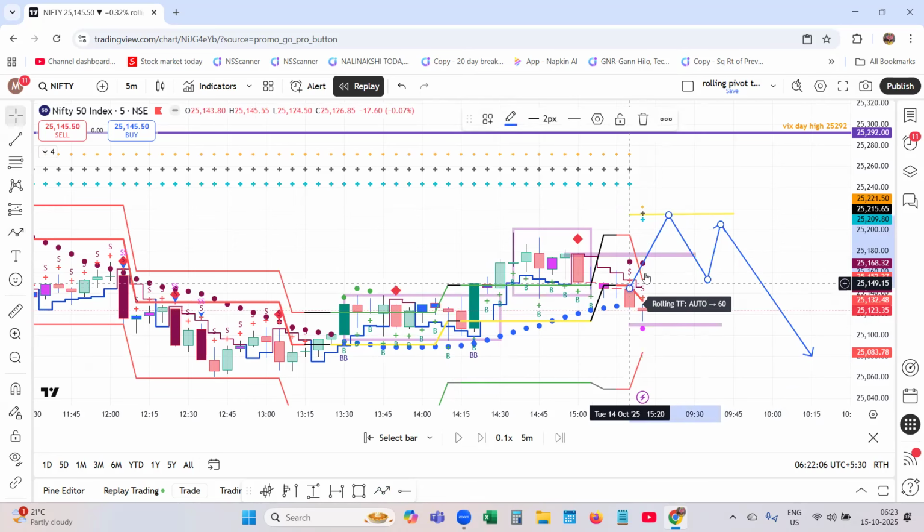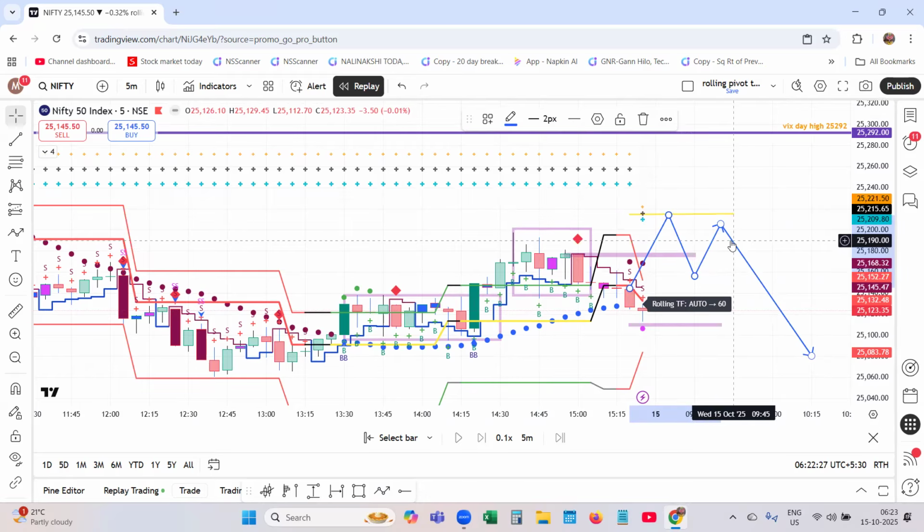So, traders, you should have patience in the first hour. You need to see this is the play. When there is an imbalance, sweeping the liquidity, to balance it, all the pivots and everything will tell you the story, whether to be on the long side or on the short side. Wait for that. Don't hurry yourself into the trade.